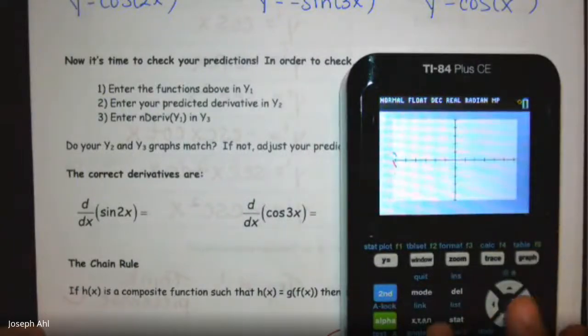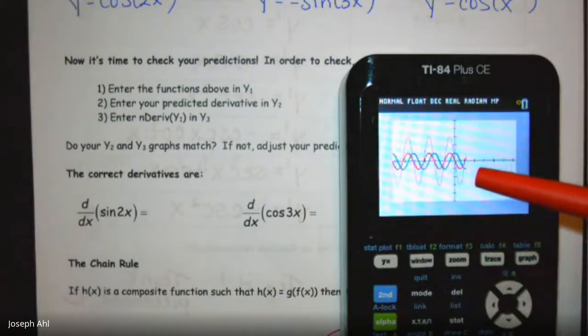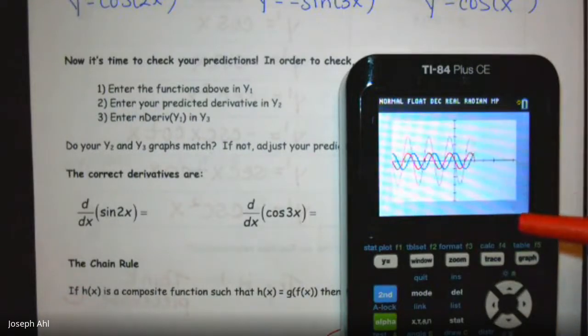So if I hit graph here, oh boy. Those three things definitely are not lining up. Let's start thinking about what the actual derivative is then. Our guess was negative sine 3x, but this graph in magenta is not representative of that.